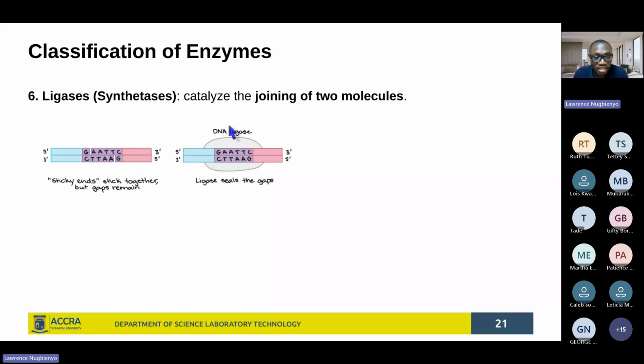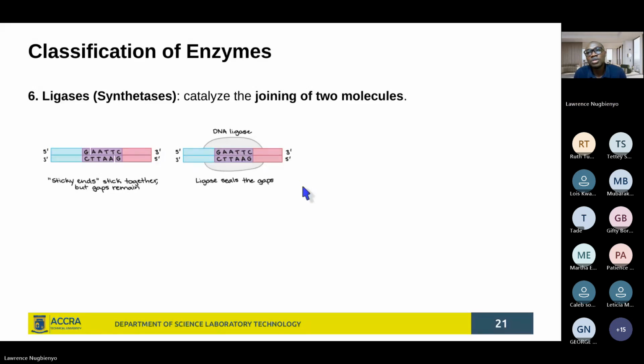So you have DNA ligase coming to fill in those gaps that are left between the nucleotides. So the ligases or the synthetases are involved in catalyzing the joining of two molecules. So those are ligases.